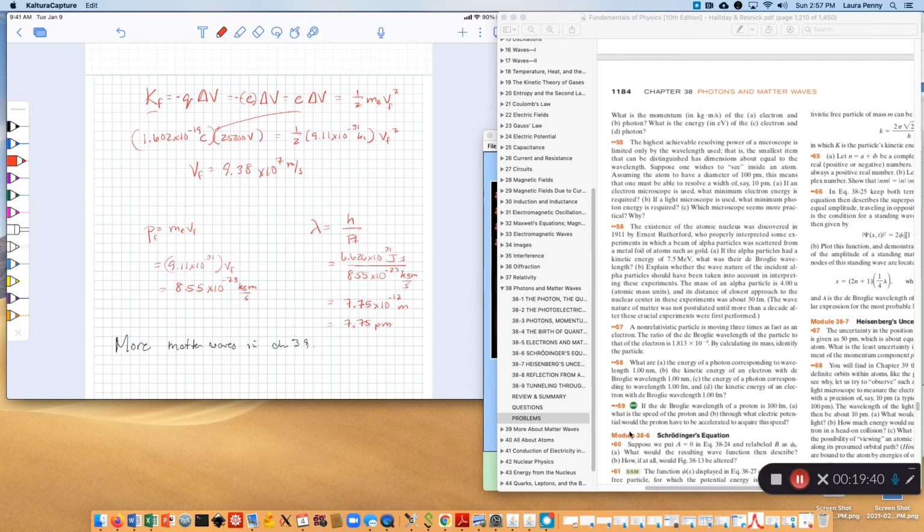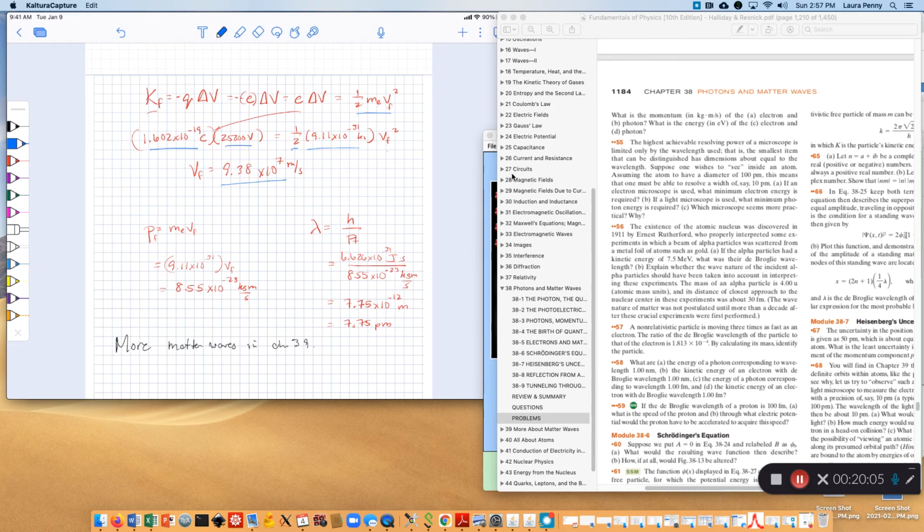Okay, going through and doing this, the charge on an electron is 1.602 times 10 to the negative 19. The delta V is 25,000 volts. That needs to equal the kinetic energy, which is 1/2 the mass of the electron times its final speed squared. When I go through and do that, I get this.